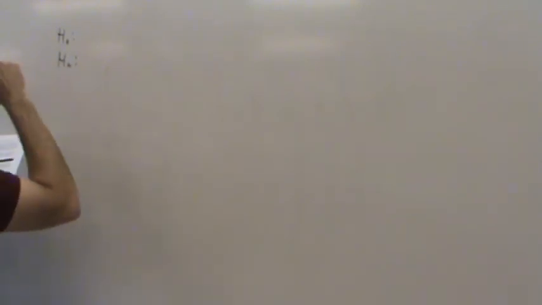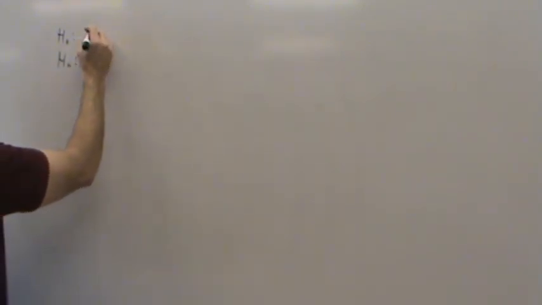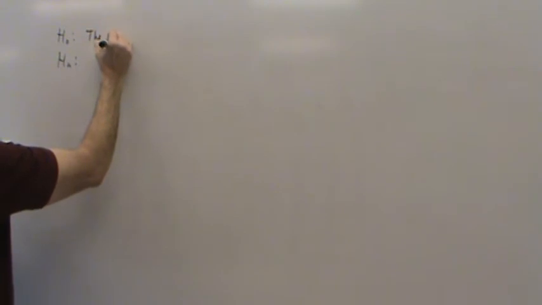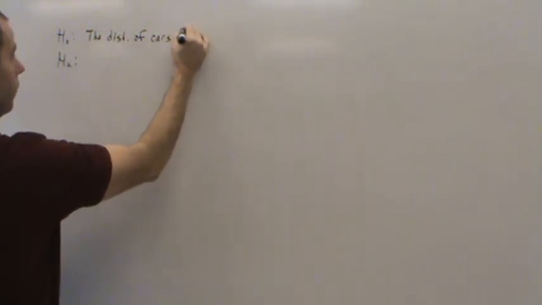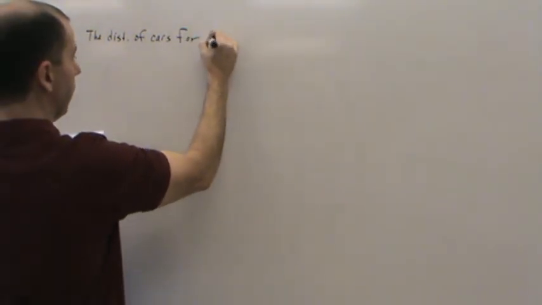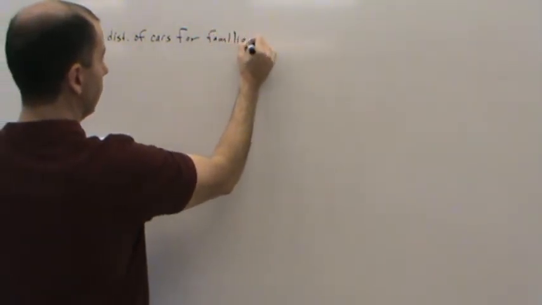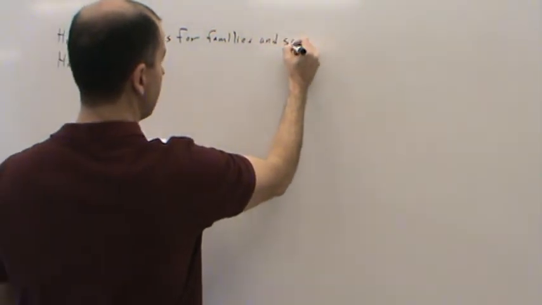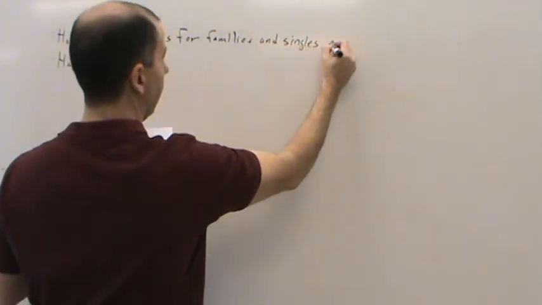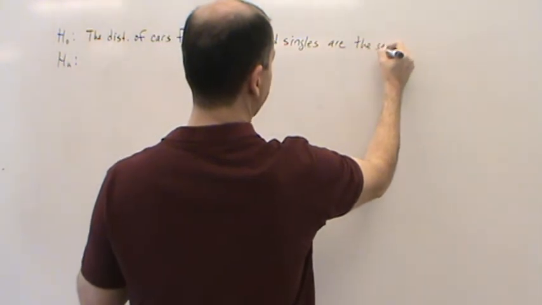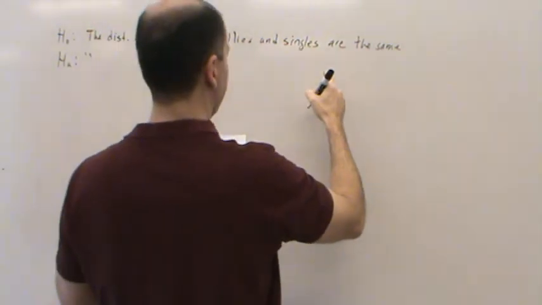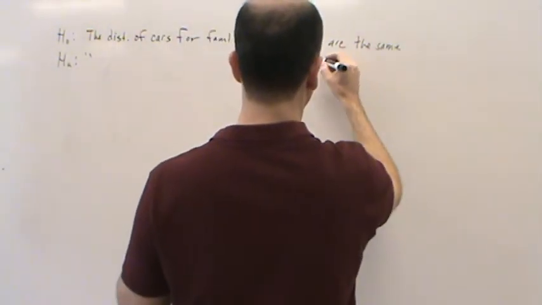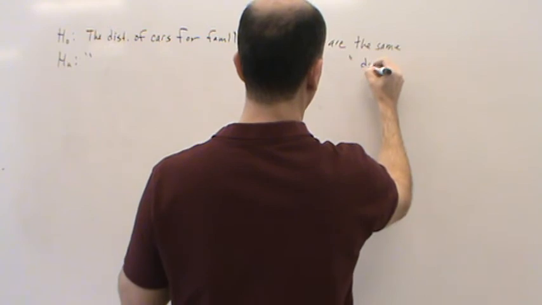The null hypothesis is that the distribution of cars for families and singles are the same, versus the alternative that the distribution of cars for families and singles are different.